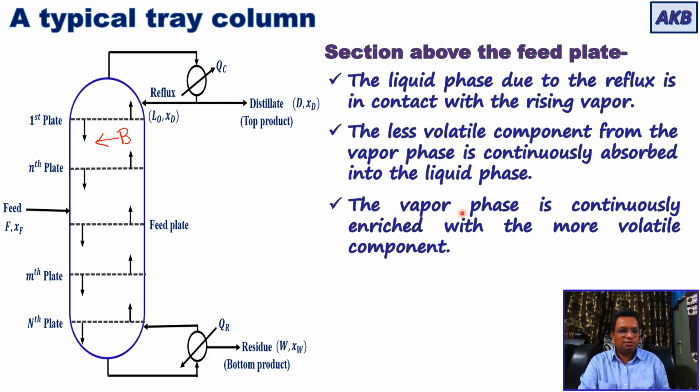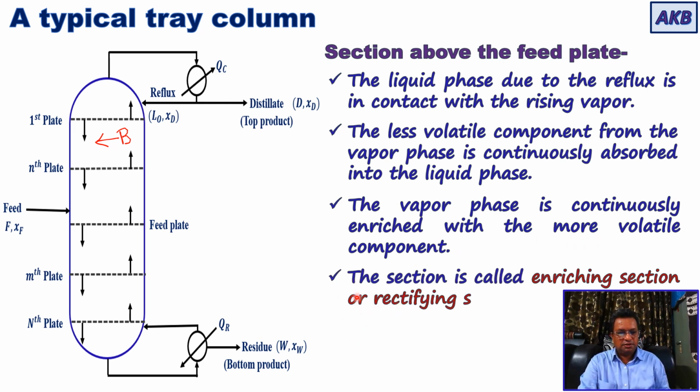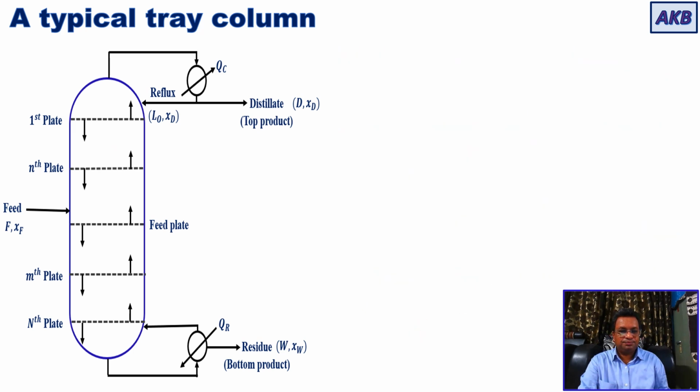That's why I'm saying the vapor phase is continuously enriched with the more volatile component. And due to this, we call the section above the feed plate the enriching section. Why enriching section? Because the vapor phase in this section is getting enriched with the more volatile component. The other name given to this section is rectifying section. So it is either the enriching section or the rectifying section.